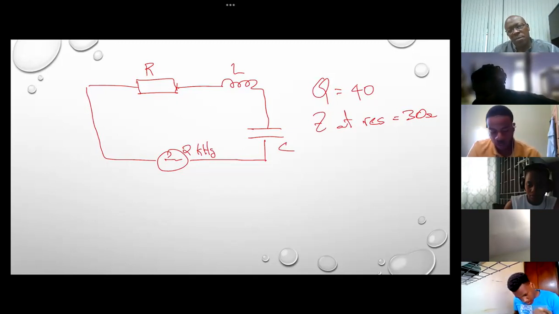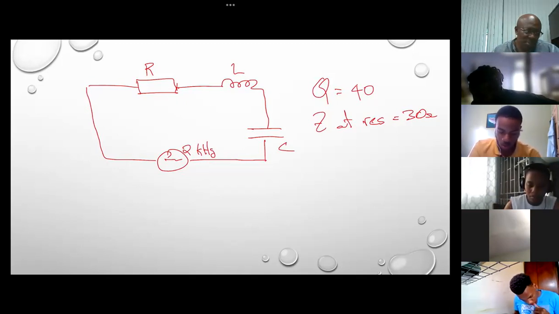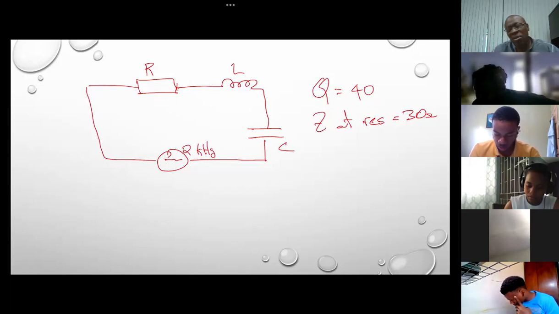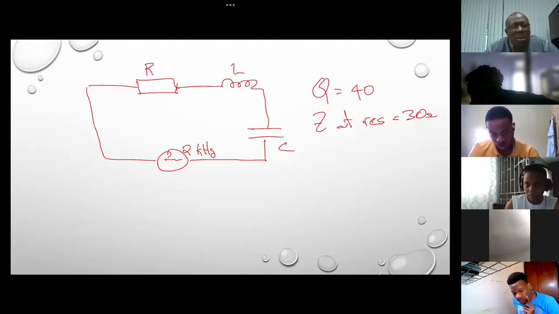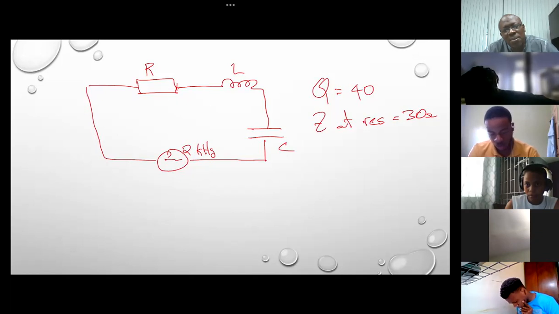We're trying to find the inductance. So the quality factor formula with inductance is, let me just double check, 1 over R times the square root of L over C. And we have 2 unknowns there.